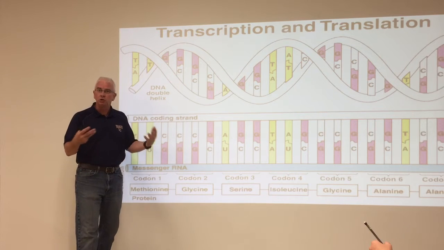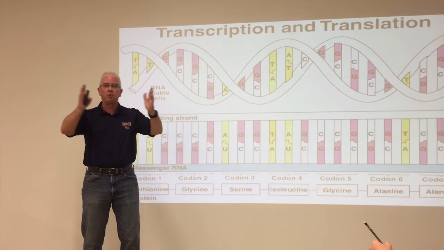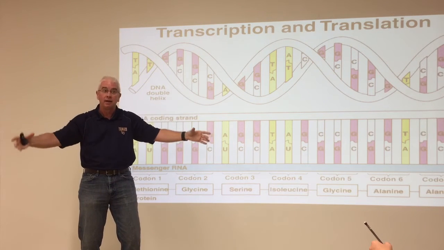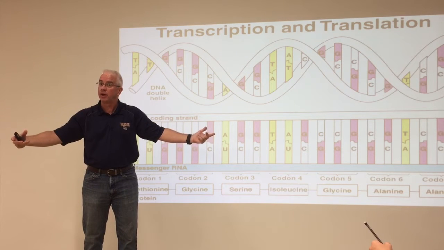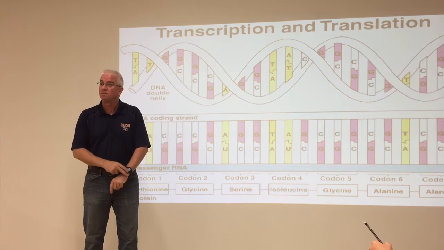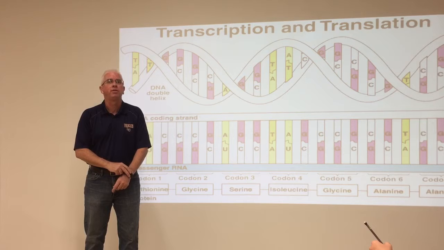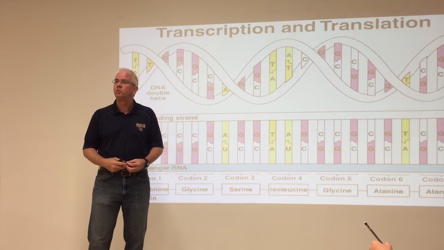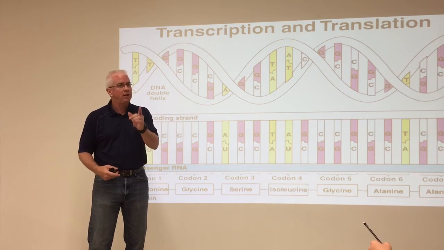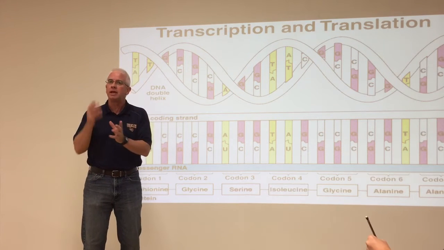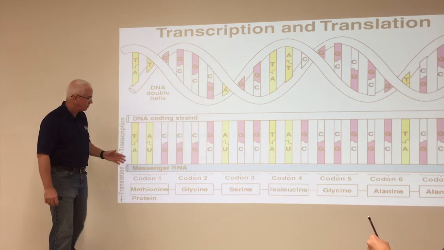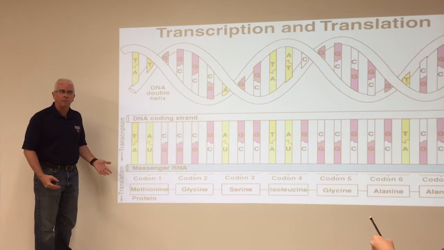If you want to build a new cell, you have to separate the DNA and copy it. Is it copied letter for letter? Does T go with T? No, T goes with A, and C goes with G. Same thing works here. The copy that is made of that piece of the DNA is a semi-conservative copy.